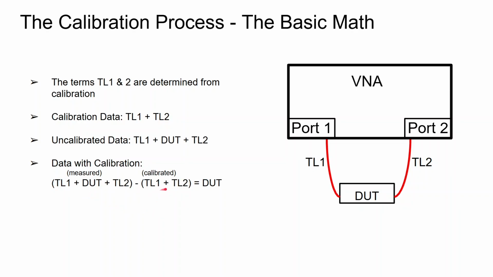So we subtract TL1 and TL2 from it to get our device under test information. Now, in reality, it is far more complex than that. There are dozens of terms involved, quite complex. It's the subject of lots of ink spilled on white papers, and it's out there for you to research if you like. But just for our sake, know that we take a measurement, we subtract the calibration data that we've got, and that leaves us with our DUT measurement.